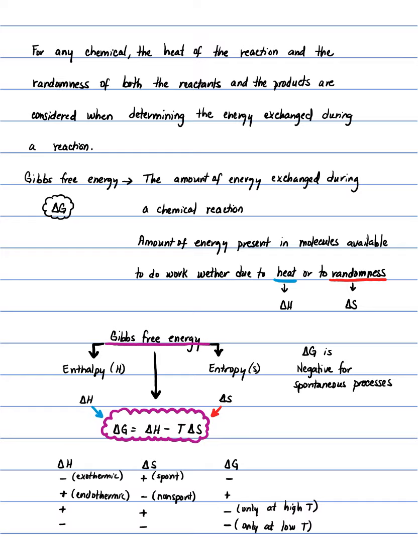So the Gibbs free energy will be a numerical value, okay? So it's an amount of energy in joules or kilojoules. That numerical value can have a positive or a negative sign, in the same way that we have for enthalpy and entropy. Now, when we have a negative sign for a delta G, that represents a spontaneous process.